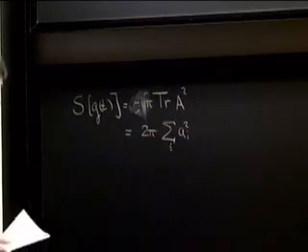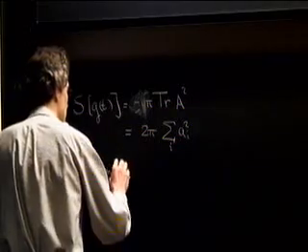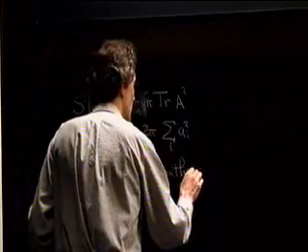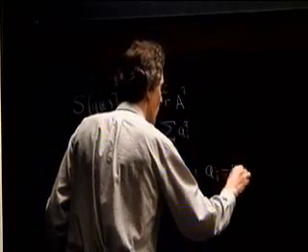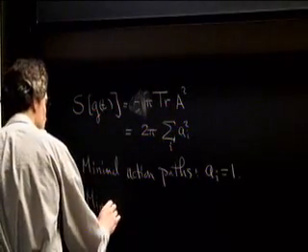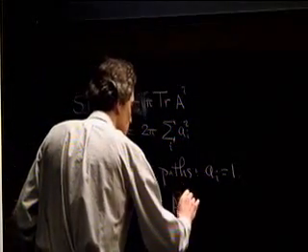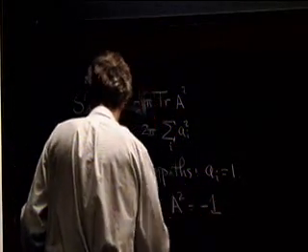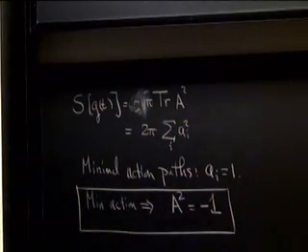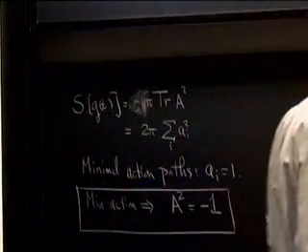So once again, the minimal action paths have all the Ai equal to 1. That is to say, minimal action implies that A squared is minus 1. That's very important for what I'm going to say. So the minimal action paths satisfy A squared is minus 1.